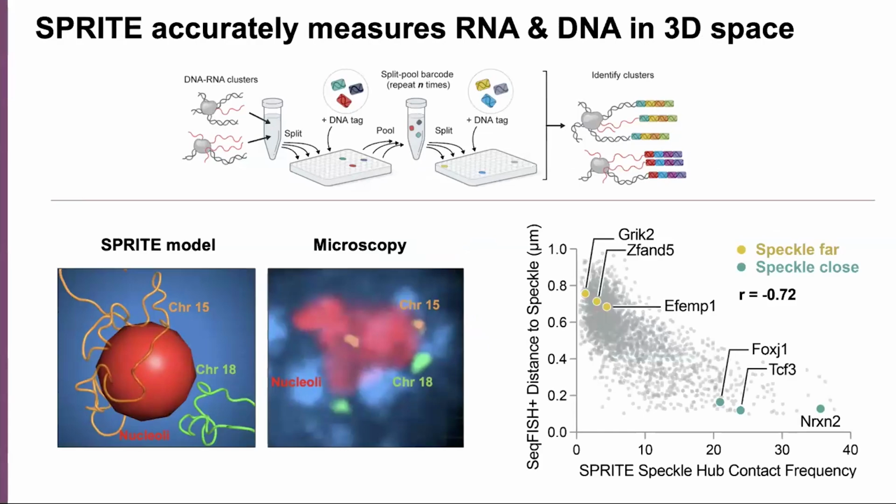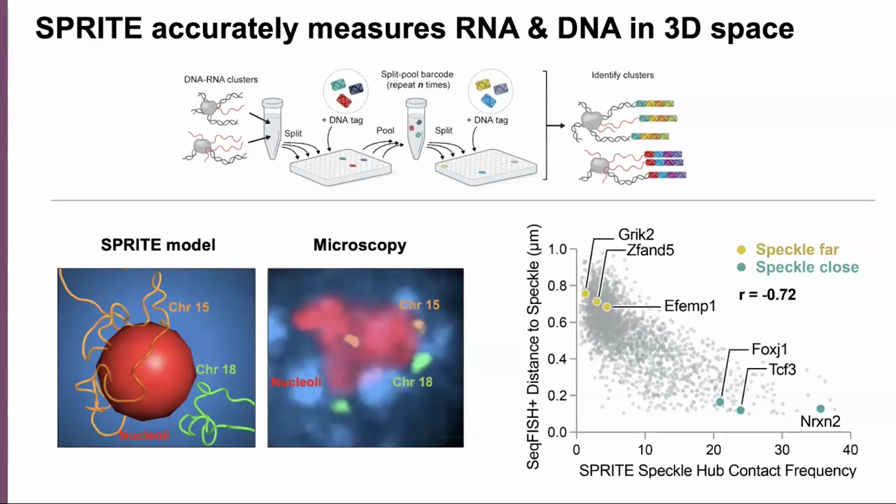We've developed various different tools to try to study RNA and DNA organization in 3D space, particularly a method that we call SPRITE, which is a split-pool-based strategy for mapping interacting RNA and DNA molecules and their spatial arrangements in situ in the nucleus, using split-pool barcoding and sequencing-based deconvolution.